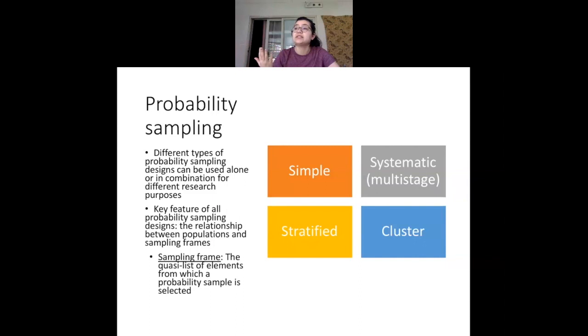And we can't necessarily go through and talk about each of those things, right? The sampling frame is the larger list of the population, and then what we actually choose to observe is our sample.